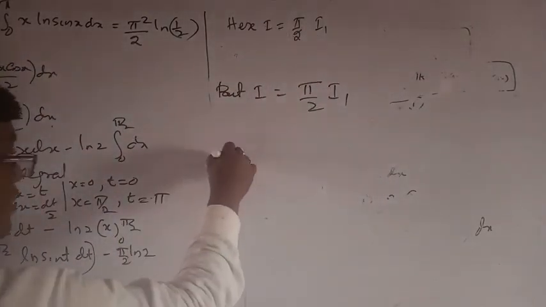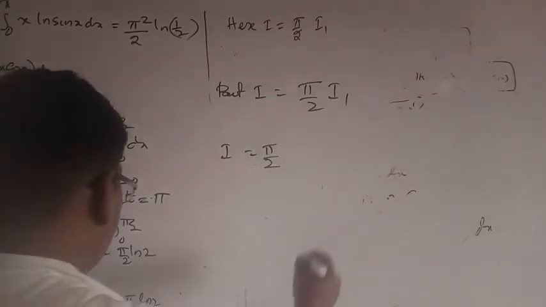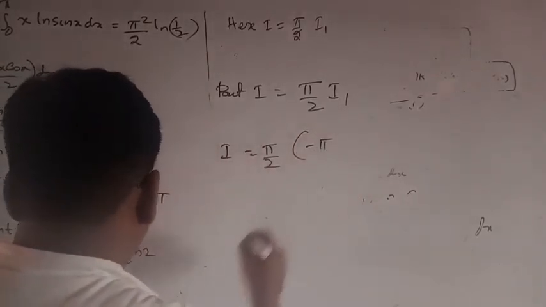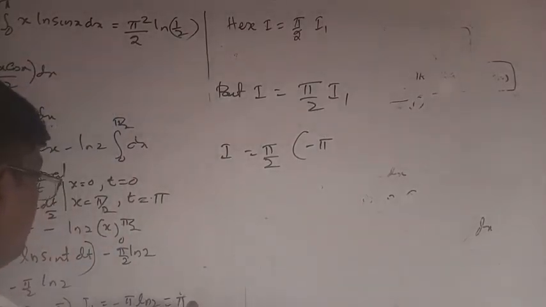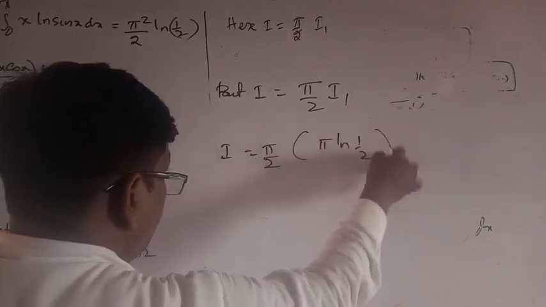So I is equal to pi by 2 times minus pi log 2, that is pi times log half.